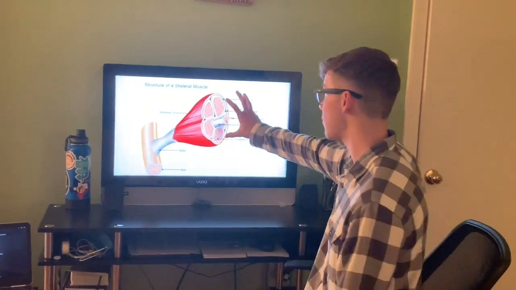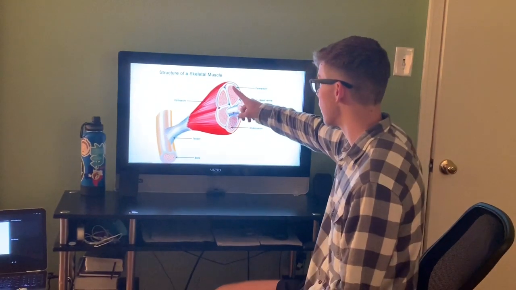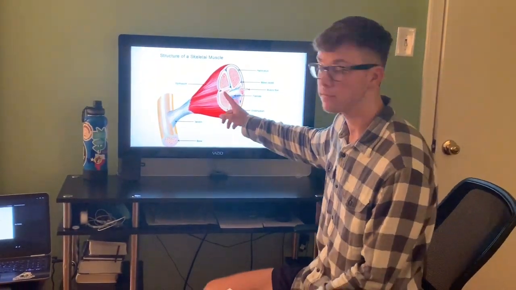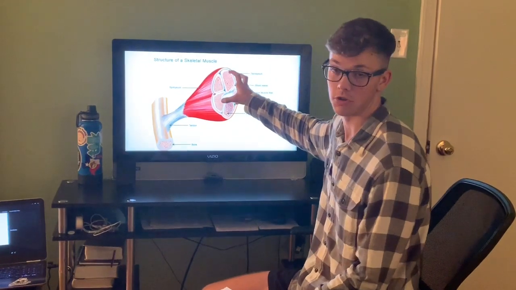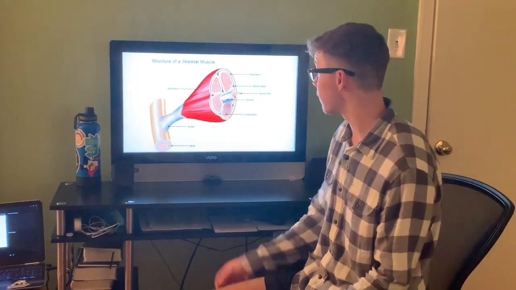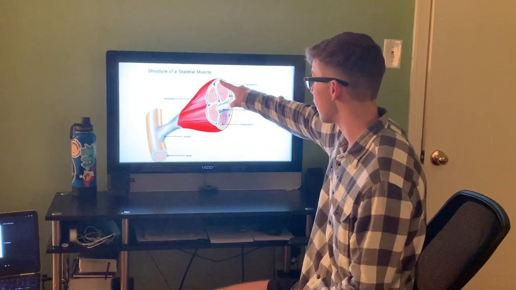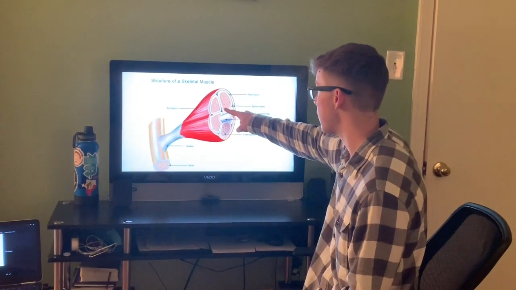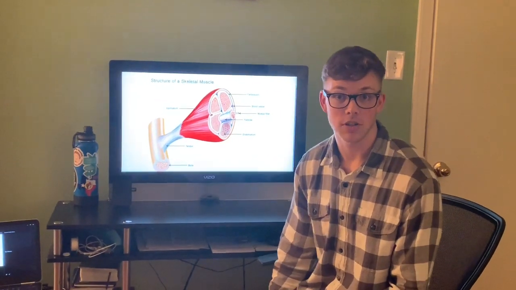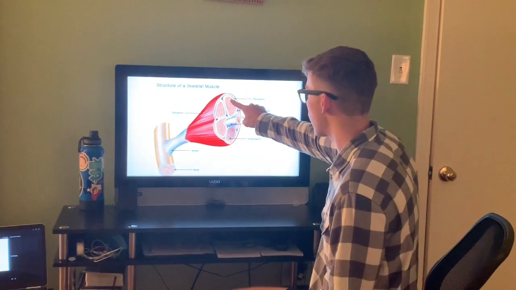When we break down the muscle itself, the muscle is surrounded by what is called the epimysium, which is just a layer surrounding the muscles themselves. If we want to break it down even further, the perimysium lies just underneath the epimysium, and it surrounds a muscle fascicle, which is basically a bundle of what you see here.